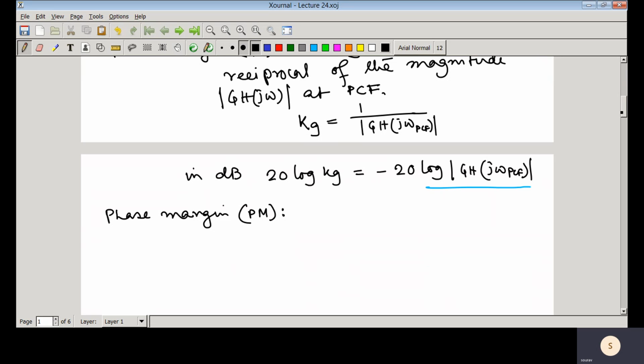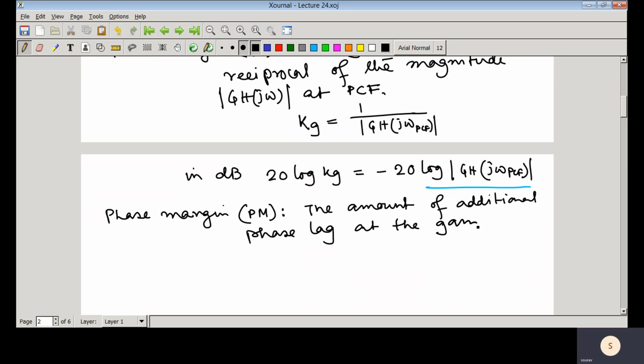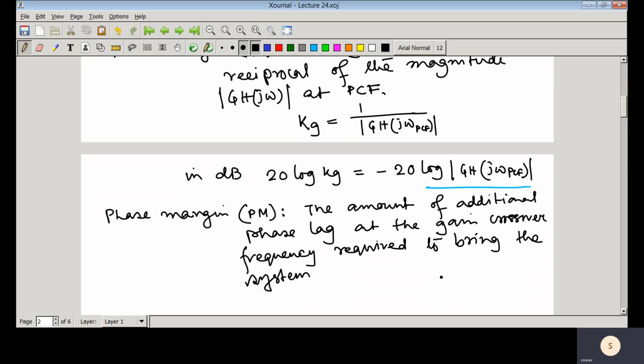So let us see the definition. The amount of additional phase lag at the gain crossover frequency, that is theta, required to bring the system to the critical point, that means to the verge of instability.